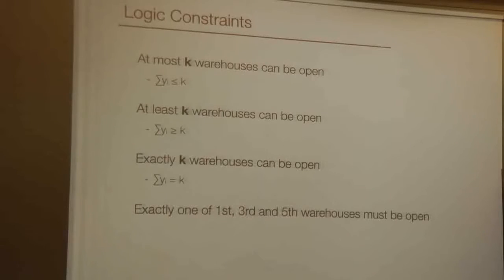What if we don't want exactly k warehouses to be open, but say we might optimize over 10 warehouses, and the manager says, exactly one of the first, third, and fifth must be open. You know what that means? 2, 4, 5, 6, we don't care. How can we write this condition into our optimization problem?